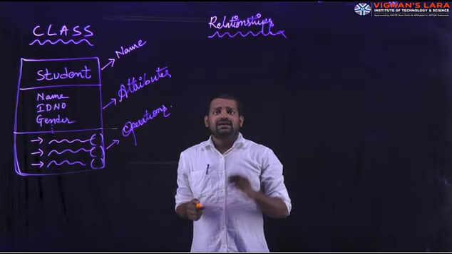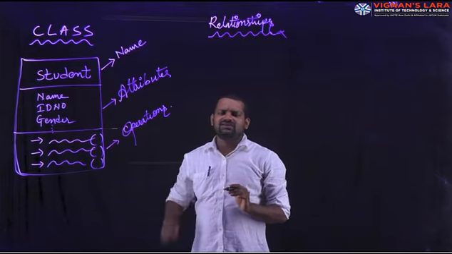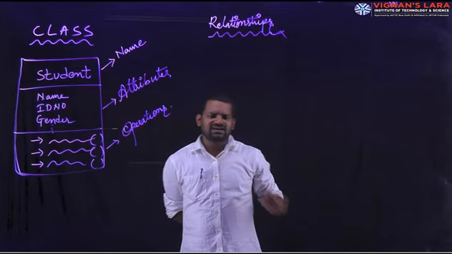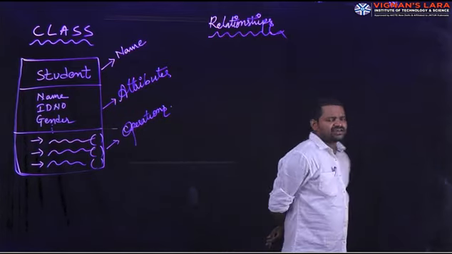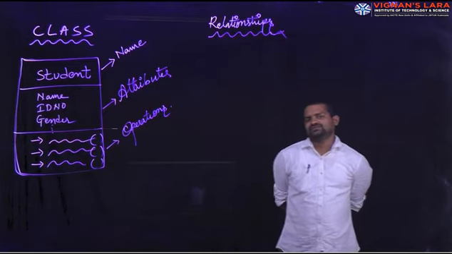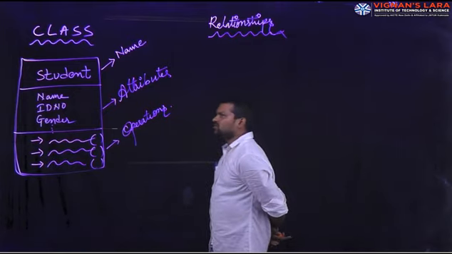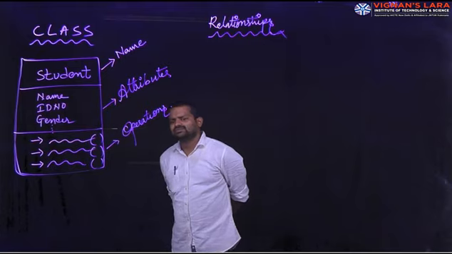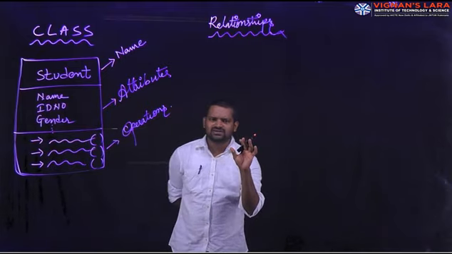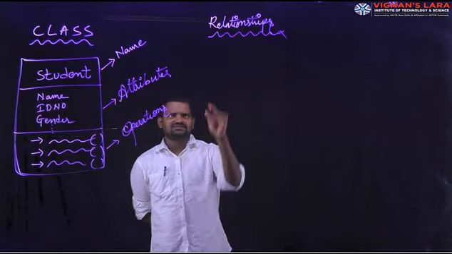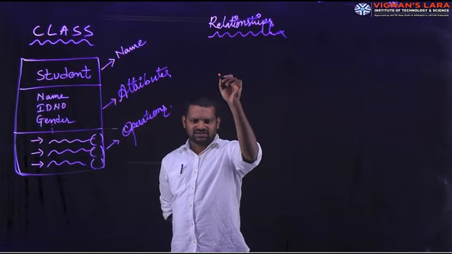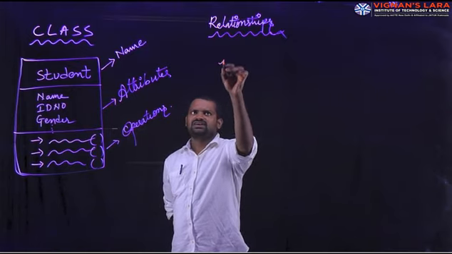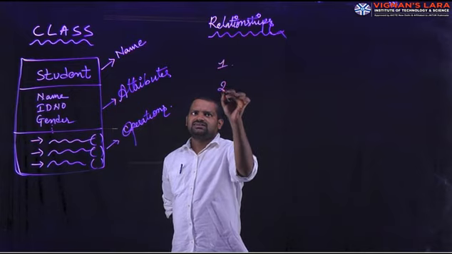See how many relationships we generally have, especially for a class diagram. We generally have four kinds of relationships. From all those four kinds, we must see at least three relationships, and three relationships should be used in any class diagram.